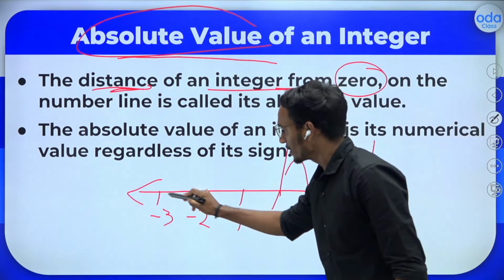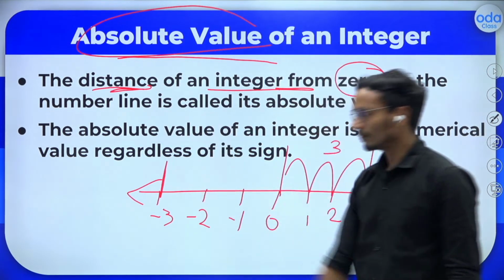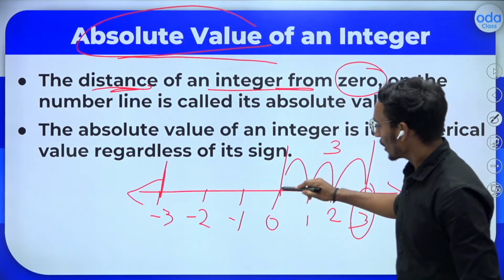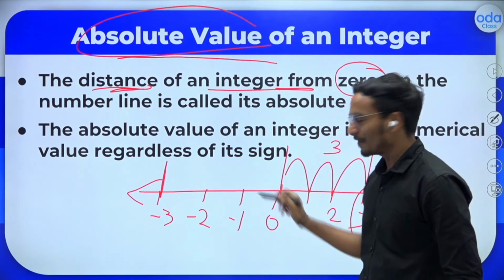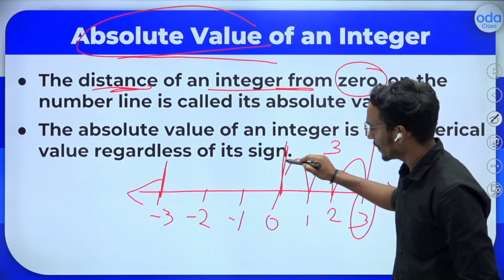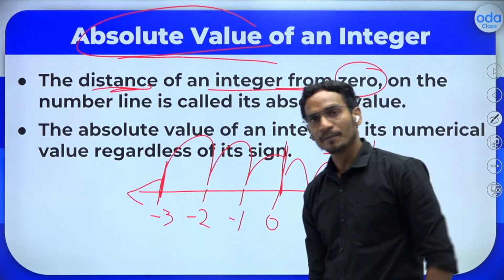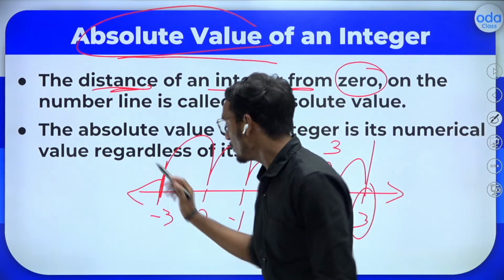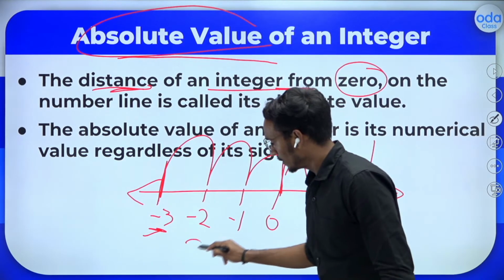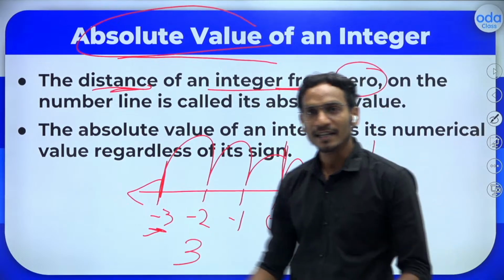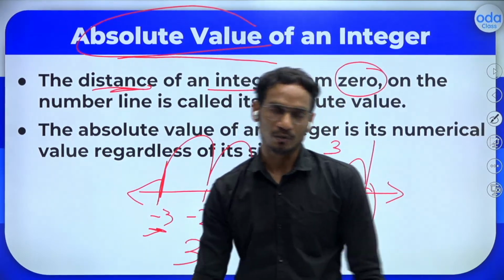Now let's talk about this -3. When I talk about the distance of -3 from 0, if you go from 0 to -3, 1, 2, 3. 3 points. So the absolute value of -3 is what? 3. Correct? It is 3 points away from 0.